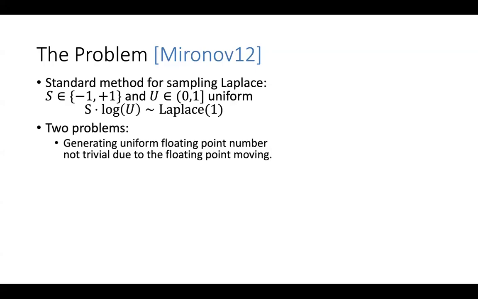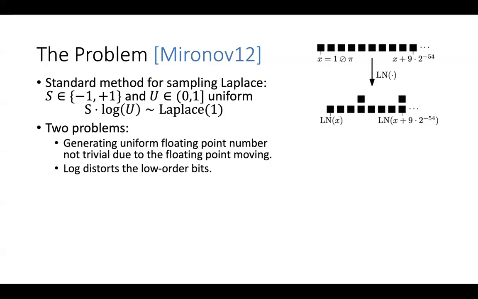So first off, in the floating point world, U is going to be a floating point number. And generating a uniform floating point number is kind of problematic, especially when you get close to 0. But the bigger issue is that applying the logarithm is going to distort the low order bits of the distribution.